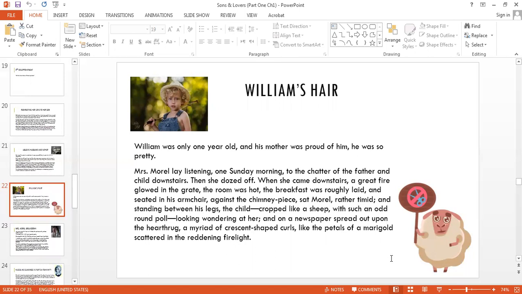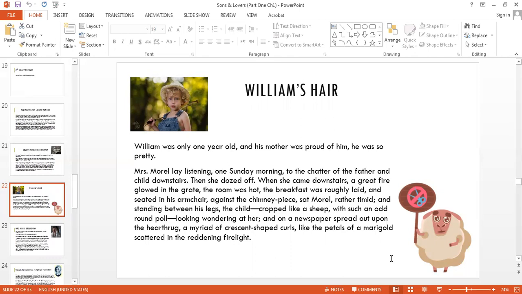She fell asleep. When she woke up, she came downstairs, and to her shock and astonishment, she saw that the father had cut the beautiful curls of the boy, and he had cut them in such a bad way that he looked like a sheep that has been cropped.